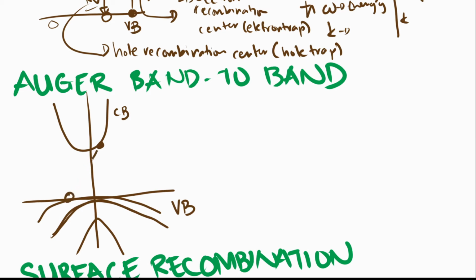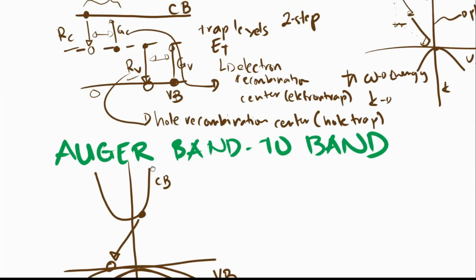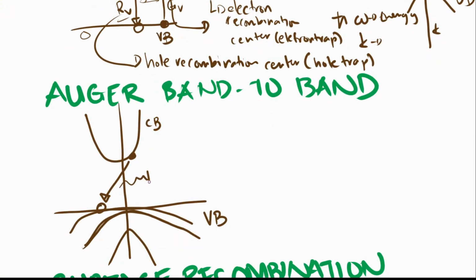From the recombination of this one and this one, we know this will release energy. Energy is released, and due to this energy, three different processes may occur. That energy is absorbed again by our semiconductor, and three possible processes occur.